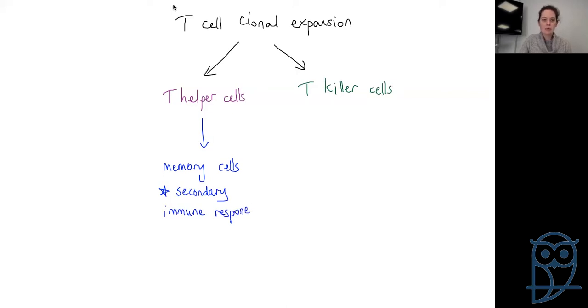But what is the actual role of that T helper cell? Well, if you help something, then you help it happen. So these guys release cytokines, sort of hormones for cells, okay? They do two things. One thing is that they increase the B cell division rate.